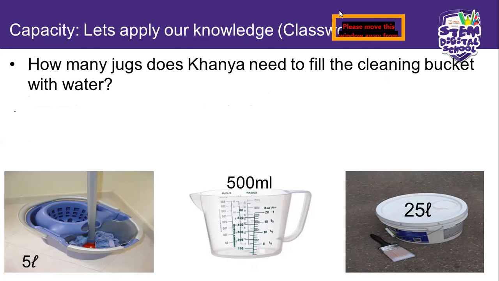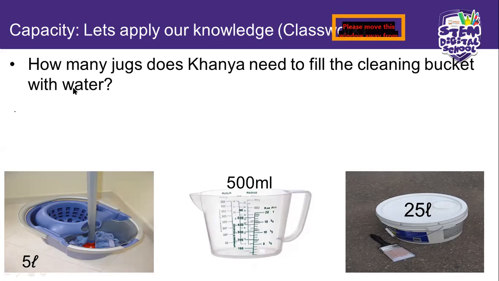Remember the jug? The jug is 500 milliliters, and then the cleaning bucket is 5 liters. So tell me, how many jugs does Kanya need to fill the cleaning bucket with water?